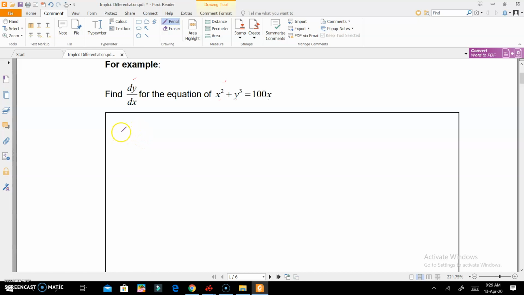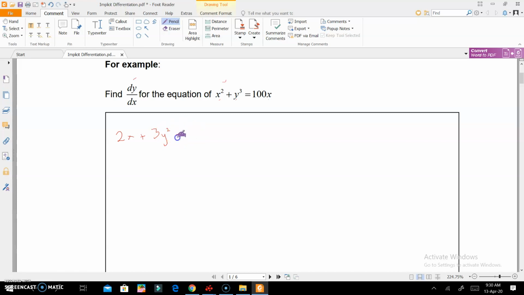We just need to differentiate as usual. If you differentiate x to the power of 2, we are going to get 2x, plus differentiate y cubed, we are supposed to get 3y to the power of 2.